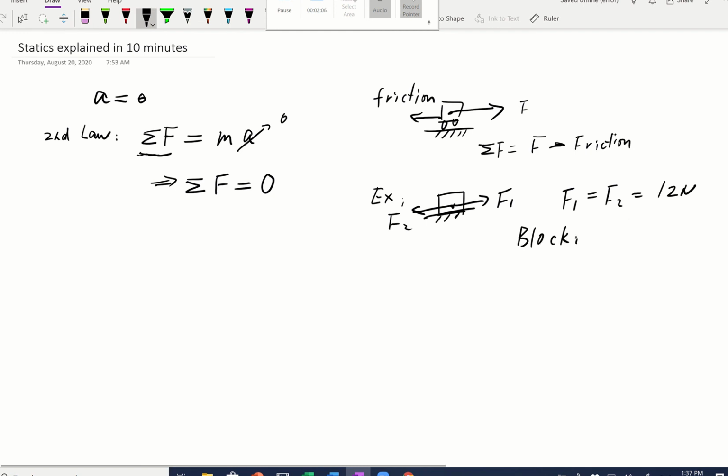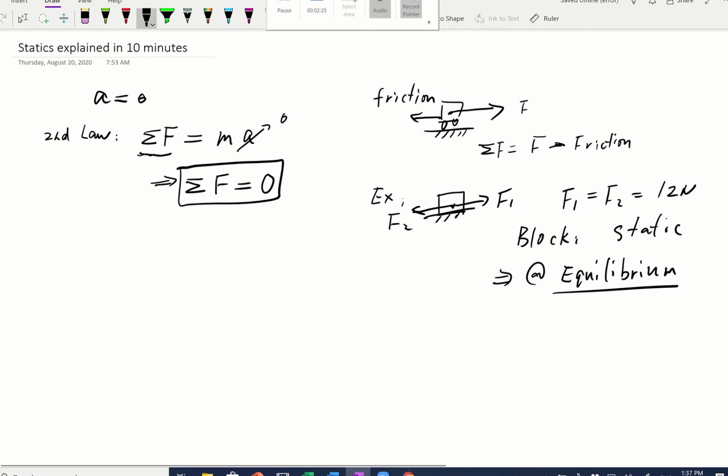Block is going to be static. It's not moving. In other words, we can see it is at equilibrium. The forces are at equilibrium. They balance each other. So when summation of forces equals 0, we have equilibrium.